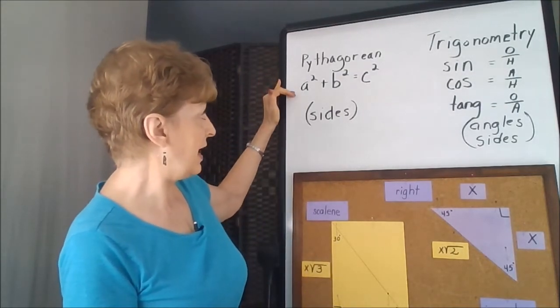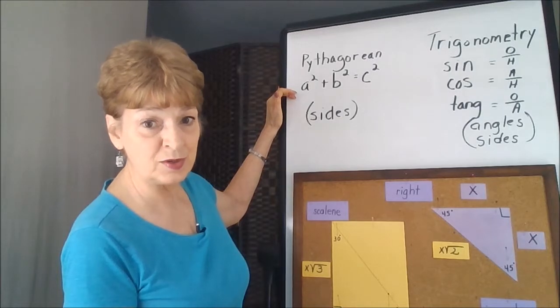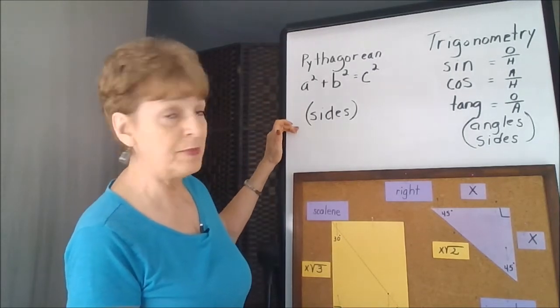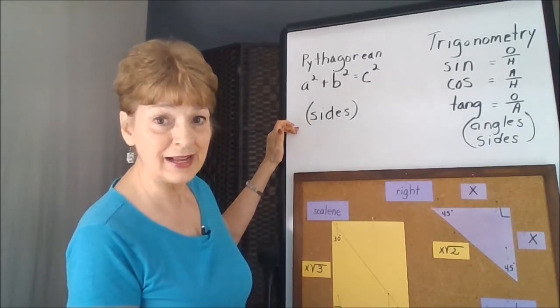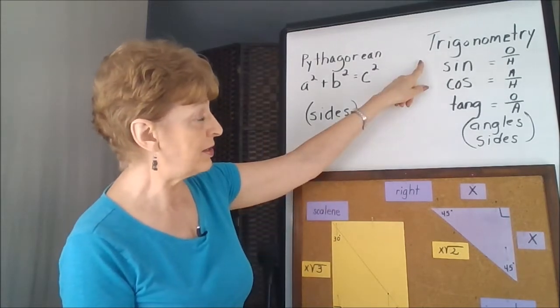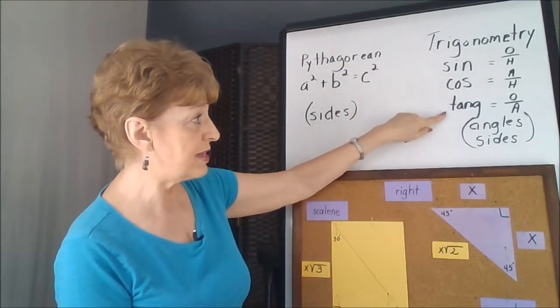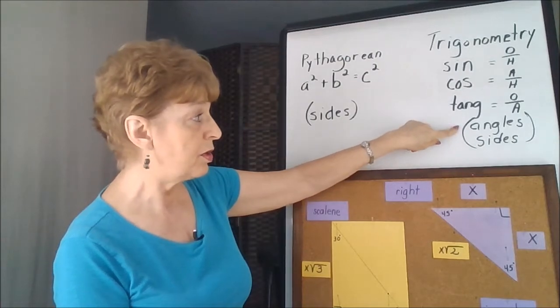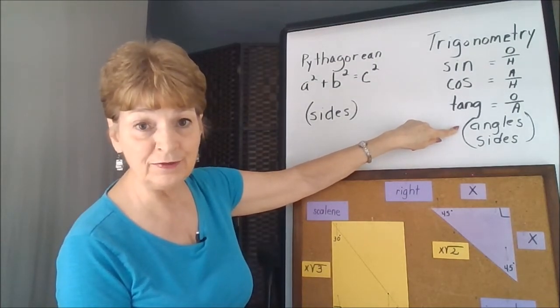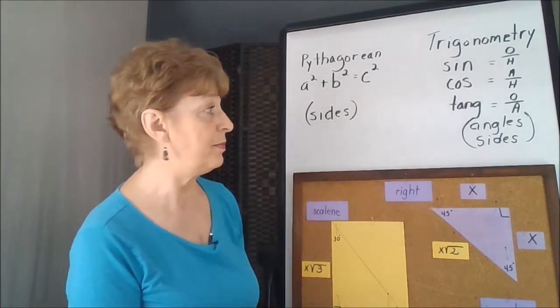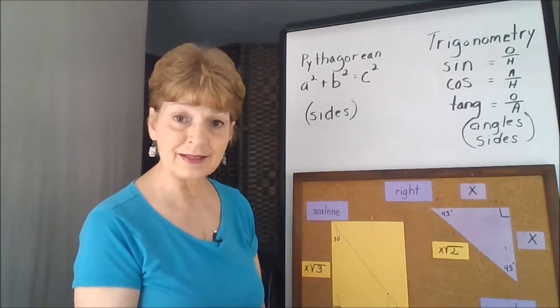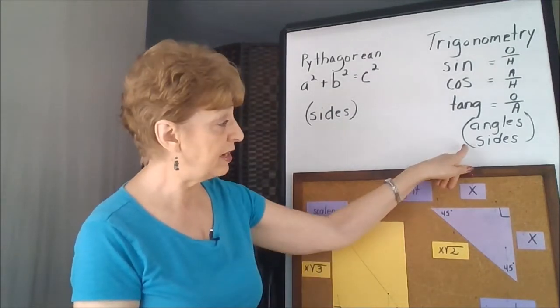Pythagorean a squared plus b squared equals c squared gave us information about a triangle's sides. Trigonometric functions of sine, cosine, and tangent allowed us to figure out the measure of the angles, and also we could figure out the sides.